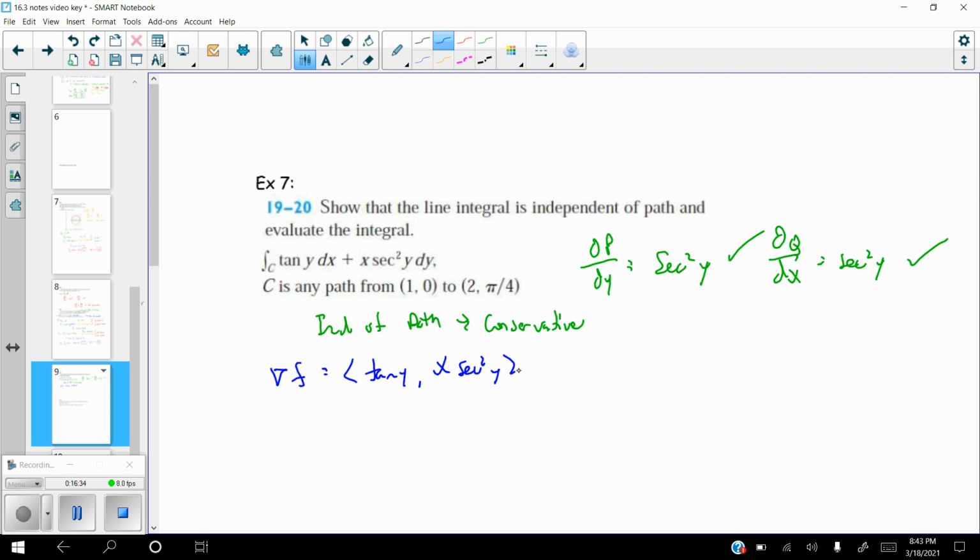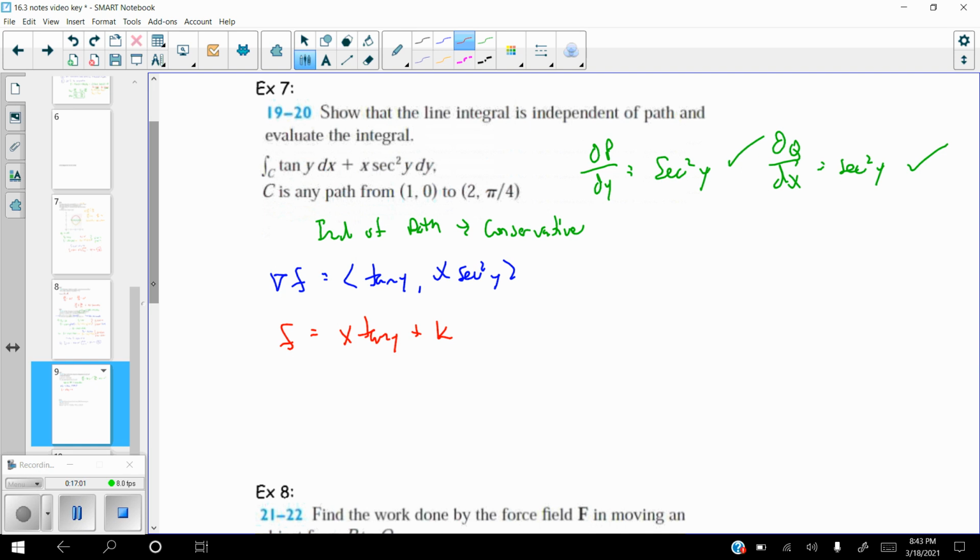All right, so you could go through the entire process. This is where I'm going to tell you, use a little intuition. If you can't go through the entire process, I'm only doing this to save time. Once you go through that entire process, you're going to get that f is x tangent of y plus k. So again, use a little intuition or go through the entire process. I'm just saving us a little time.